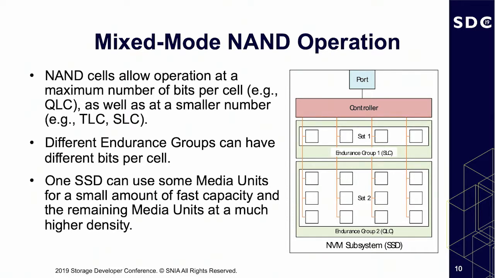You would configure an endurance group in which all the NAND operates in SLC mode, and that's simply a firmware function change to have it operate in QLC mode. So it's easy to set off one piece in SLC and the rest of the drive operating in QLC or TLC mode. So this is something that is within the scope of what we've defined in the technical proposal. Any questions about this? Okay, thanks.